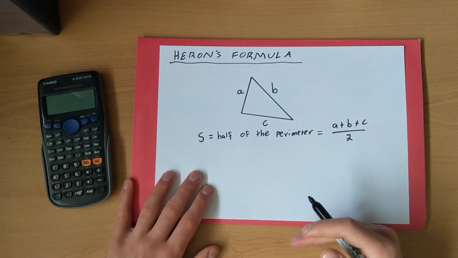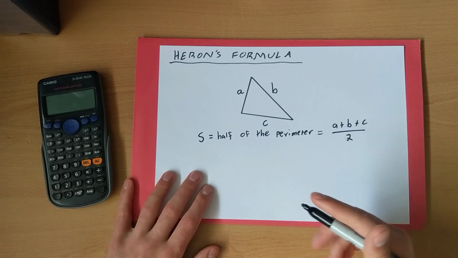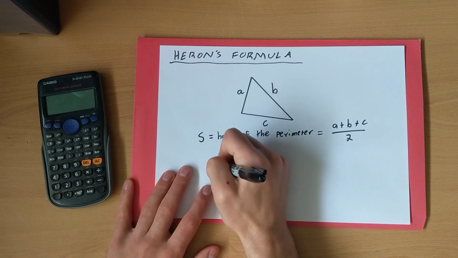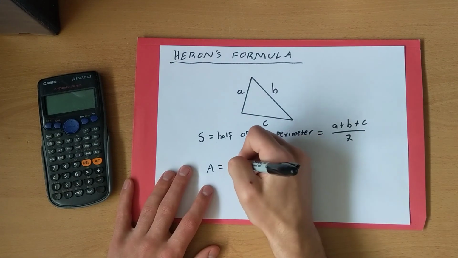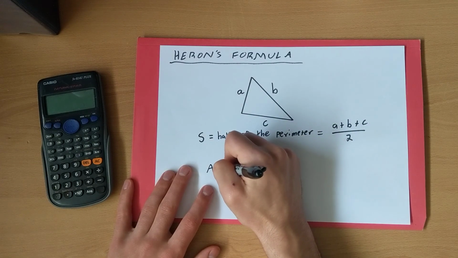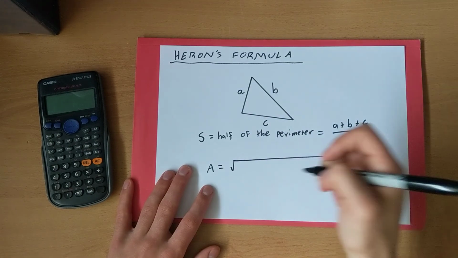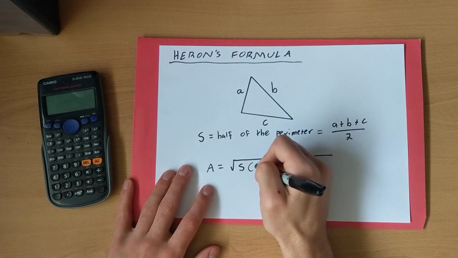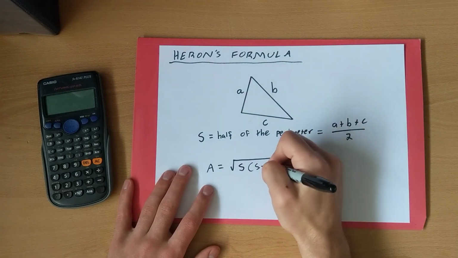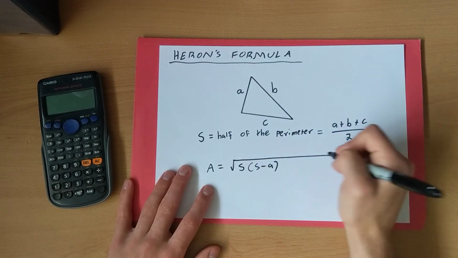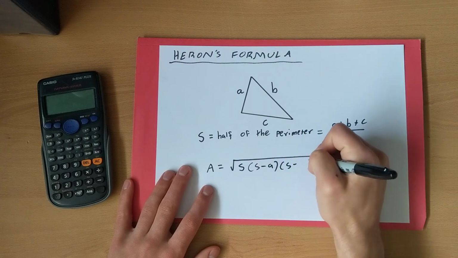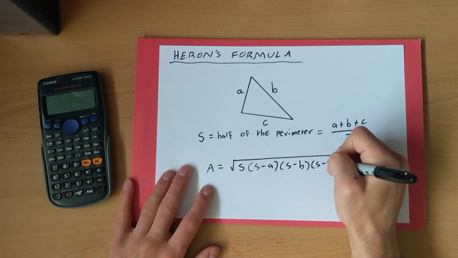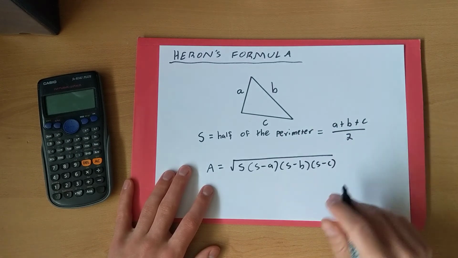Once we have the value of the semi-perimeter S, then we have the formula for the area of a triangle, which is the square root of S multiplied by (S minus one of the side lengths, say A), multiplied by (S minus another one of the side lengths, B), multiplied by (S minus the last side length, C).